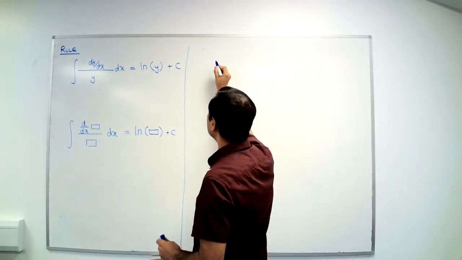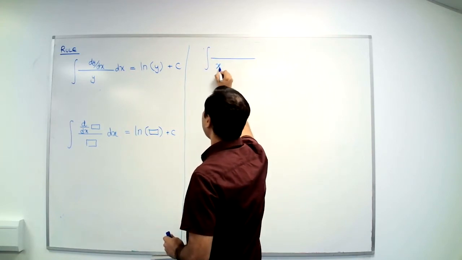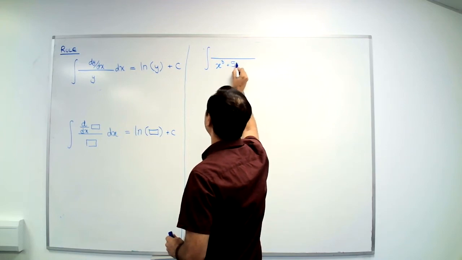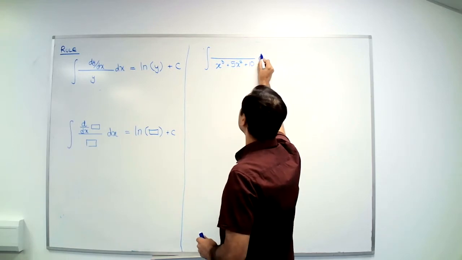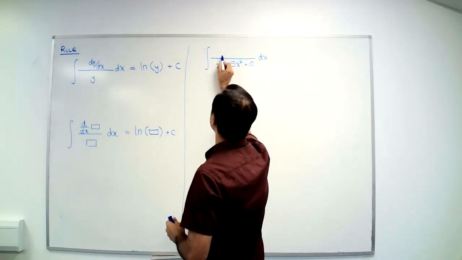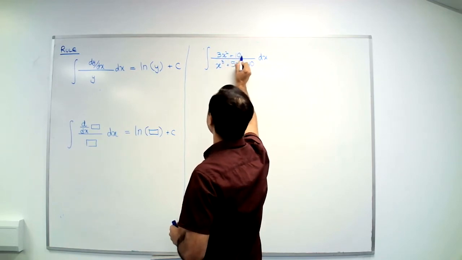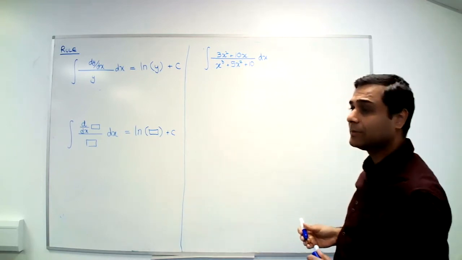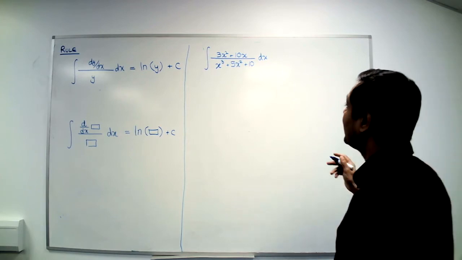Let's say I want to integrate this: x cubed plus 5x squared plus 10 on the bottom, and on the top, 3x squared plus 10x. It's quite difficult to integrate that, but if I use the rule, this is what happens.